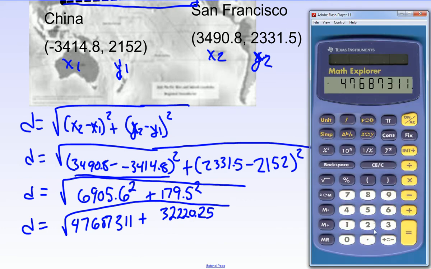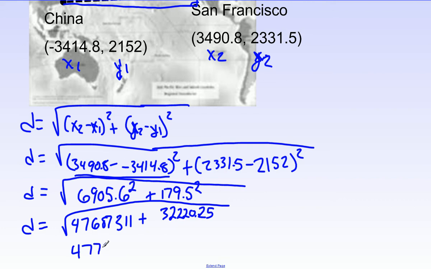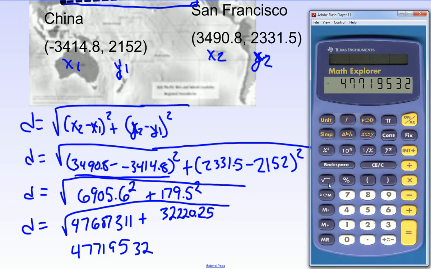Okay, take that plus our 32,220.25, and calculator, don't crash on me. Oh, I guess I should write that in. 47,719.532. My 0.25 disappeared. I'm guessing he's still out there, but he got rounded off, I think. I ran out of space.